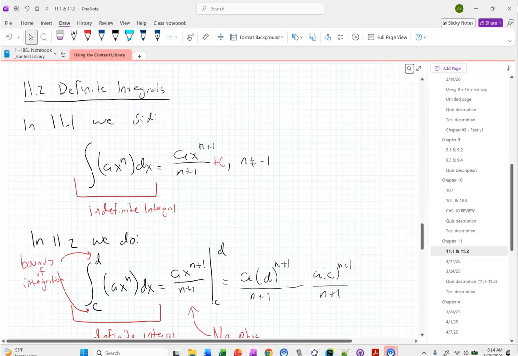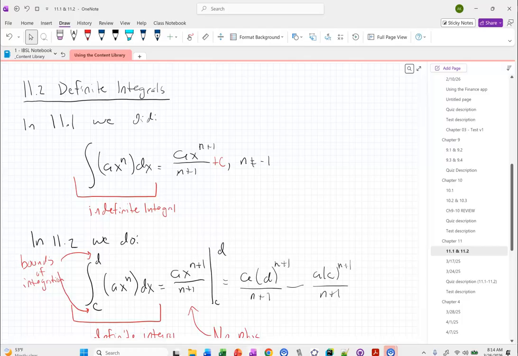So we talked in section 11.1 about the indefinite integral, right? And the thing that really illustrates the indefinite integrals is that we get these plus c's. What we're going to do in section 11.2 is look at something called a definite integral.